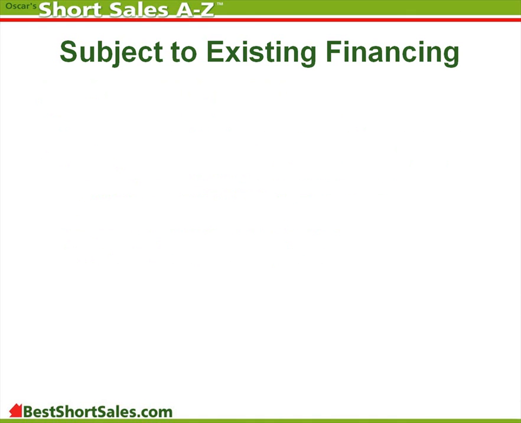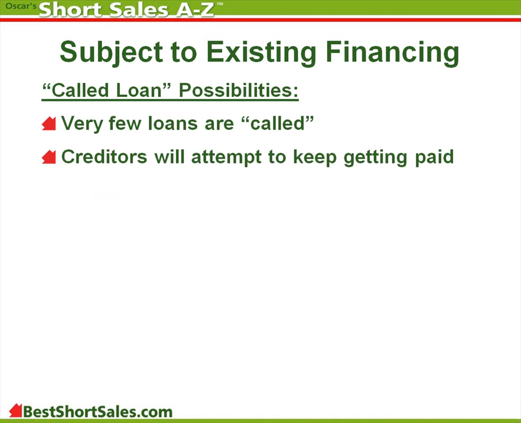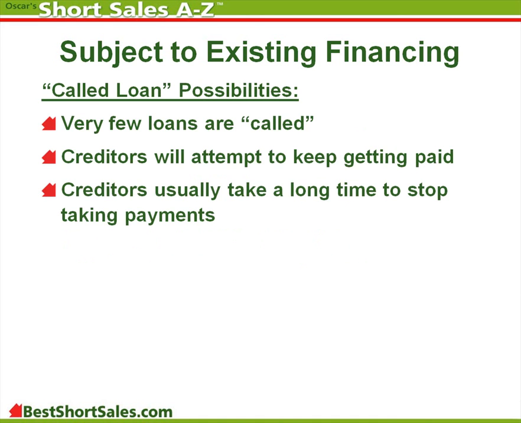Called loan possibilities. These are the chances of the creditor calling the loan. Creditors like performing loans. Very few loans are called due. Generally, even when threatening to call a loan, a creditor will try to keep receiving payments. Usually it takes a long time for a creditor calling a loan to stop taking payments.